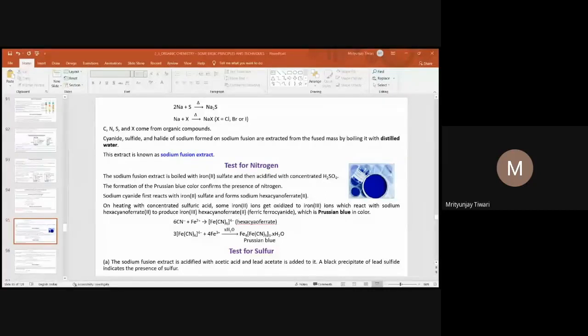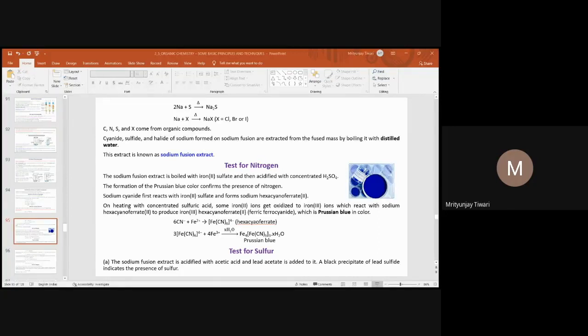Then these ions give their usual tests: the sodium nitroprusside test for the sulfide, and for the cyanide we get the Prussian blue color with the formation of this compound.